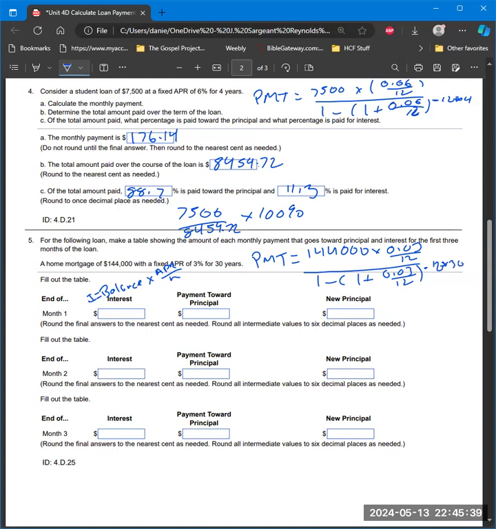So we have 144,000 times 0.03 over 12 over 1 minus parentheses 1 plus 0.03 over 12. Raise that to the negative 12 times 30. And I get a payment of $607.11.